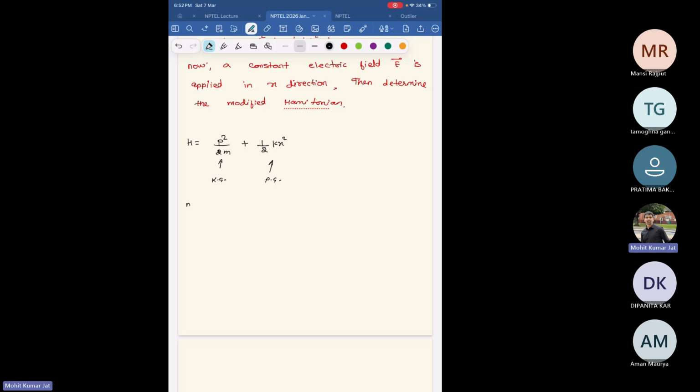Now a constant electric field E is applied in the x direction.